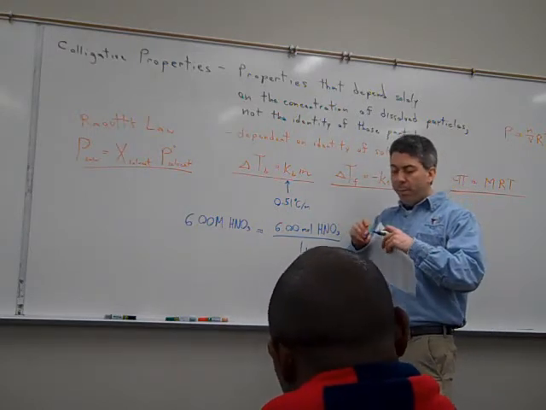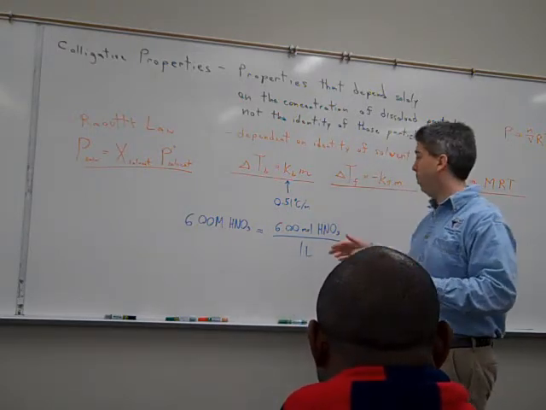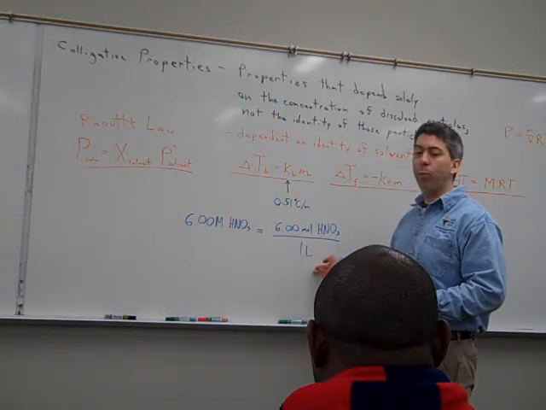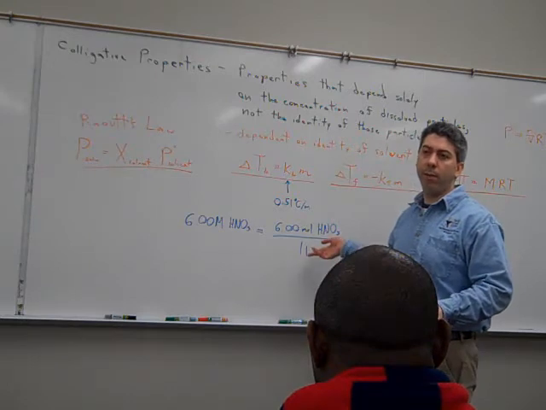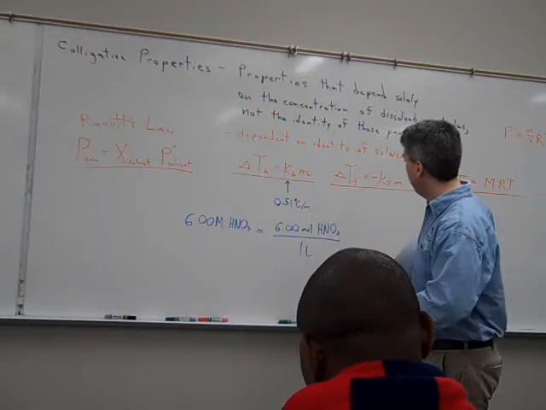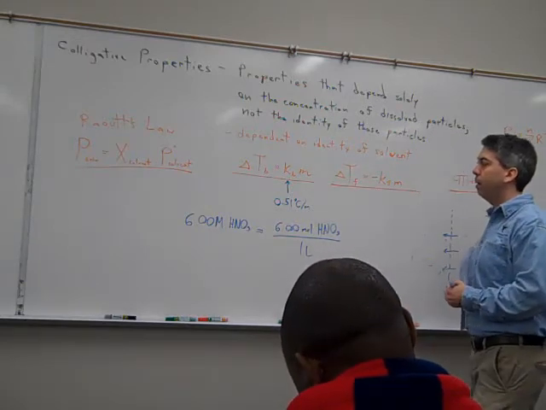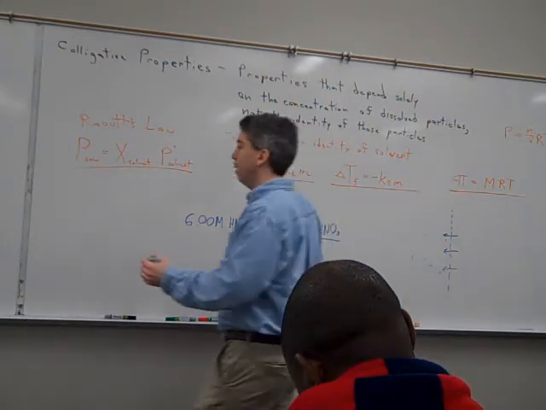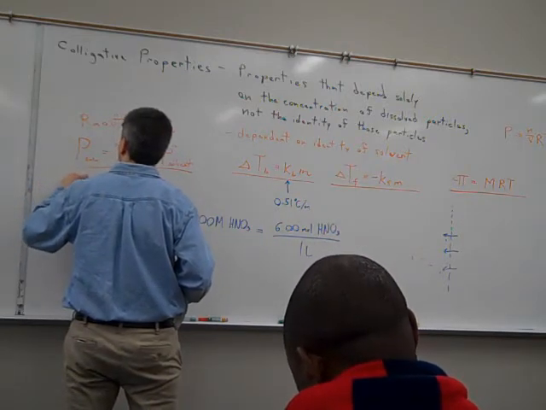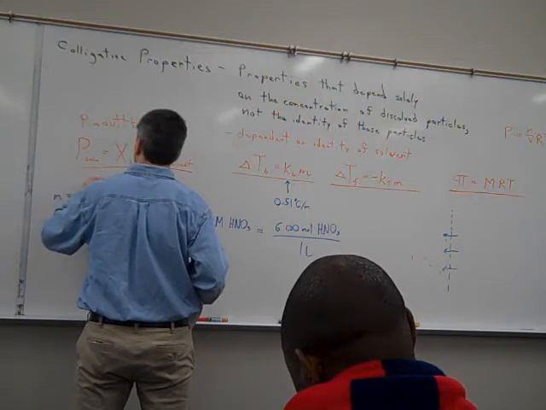To make this problem possible, I have to assume a particular volume to work with. I'm going to go ahead and assume 1 liter, because that will give me 6 moles, and I'll make it easier. Because remember, what is molality? Molality is the moles of solute over what?